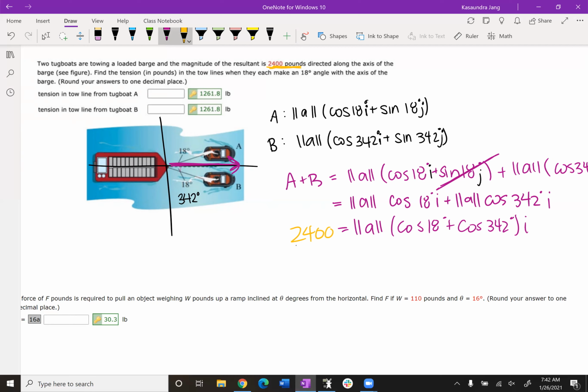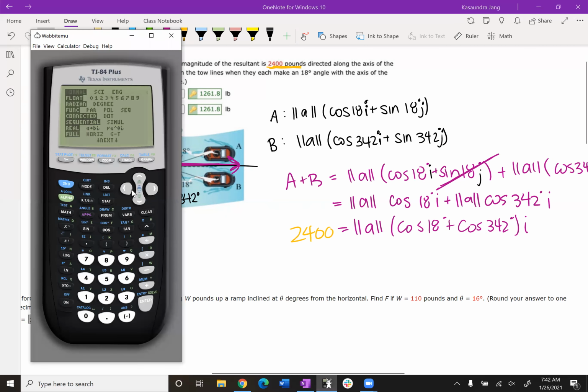All right, so then let's see, I'm going to bust out my calculator, and my mode here is in degrees. Okay, so I'm going to do the cosine of 18 degrees plus the cosine of 342 degrees.